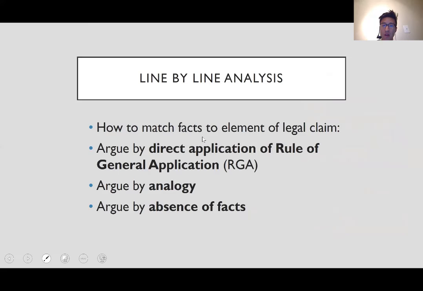And so there are different techniques. This is not at all exclusive, and I'm going to probably work next time on a very long list of these so that you can cycle through them as you work. The first one is you can argue by direct application of a rule of general application, which is something that I've discussed before.